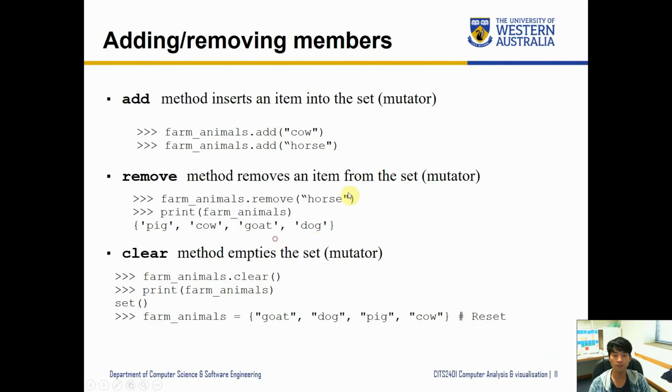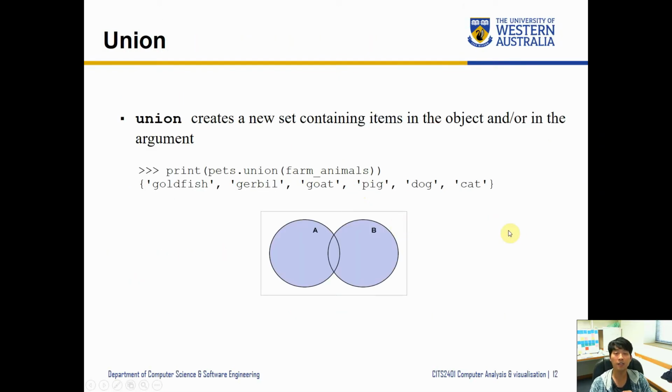All right, so now let's have a look at the mathematical notations for using sets. Things like union, intersect, difference, etc. Okay, all those names come pretty much the same as your mathematical notation.